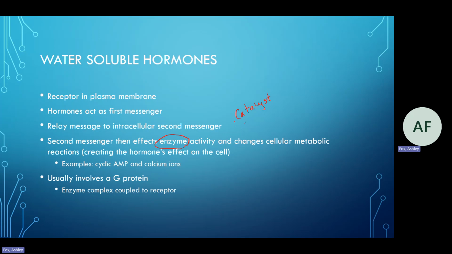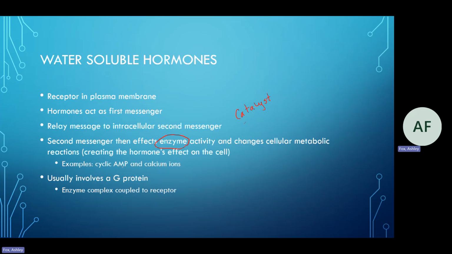All of the chemical reactions happening in the cells depend on enzymes. So if you want to change a chemical reaction, whether you want to break things down or build things up, you're going to have an impact on an enzyme. That's going to change your metabolic reactions, so these are going to have an effect on the cell. Again, you're going to be building things or breaking things down depending on which hormone is at work.